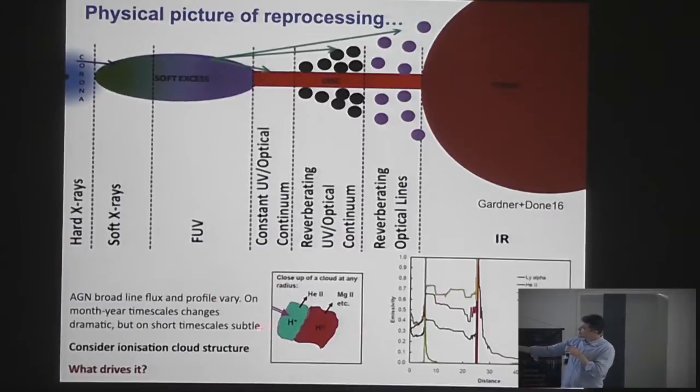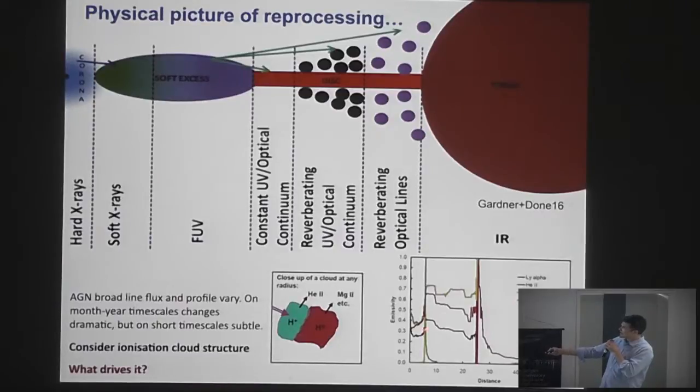If you think about this individual cloud and you run Cloudy through it, which is an ionization equilibrium modeling software, this distance is not really anything, it's just a normalized distance through the cloud. But what you see is that there's some weird ionization structure here.